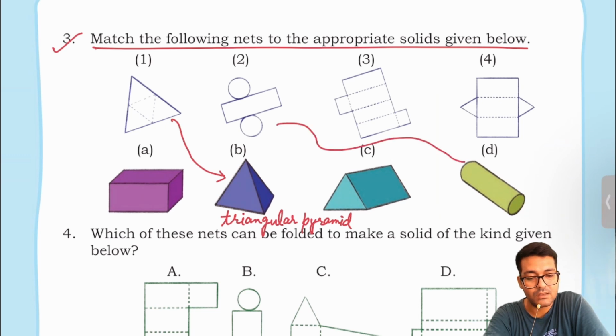And the second net is for cylinder. Third net is for cuboid. And the last one is for triangular prism.